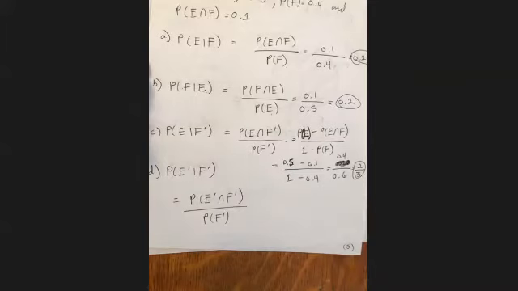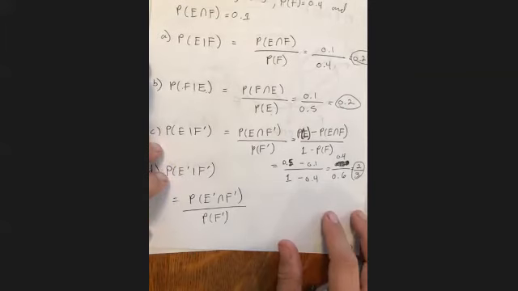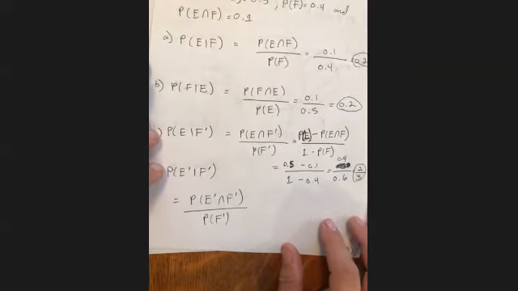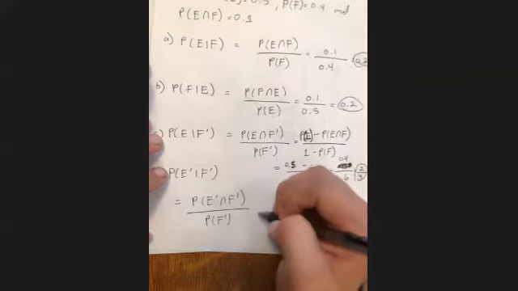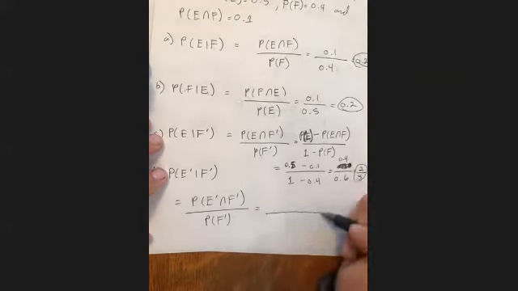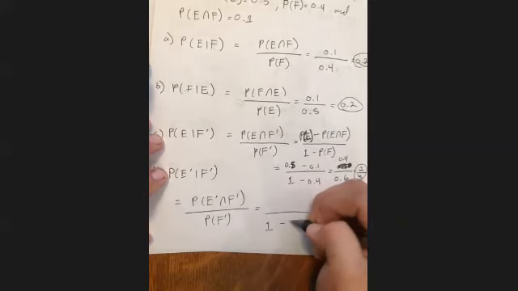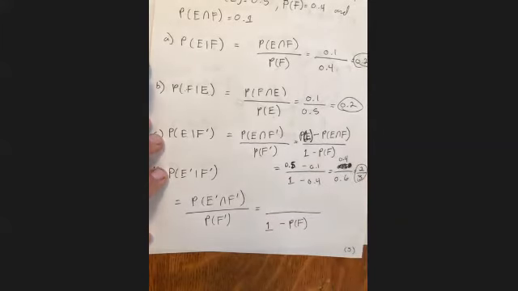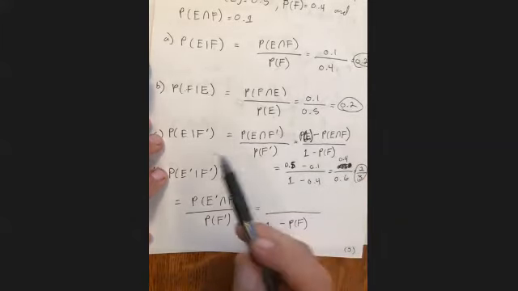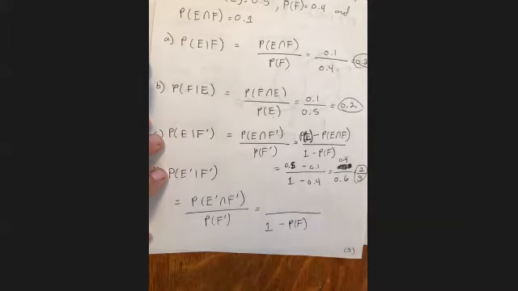Okay, so how do we think our way through this? We know how to deal with the F complement. That's just 1 minus probability of F. But how do we deal with this thing? The E complement intersect F complement. What is that?